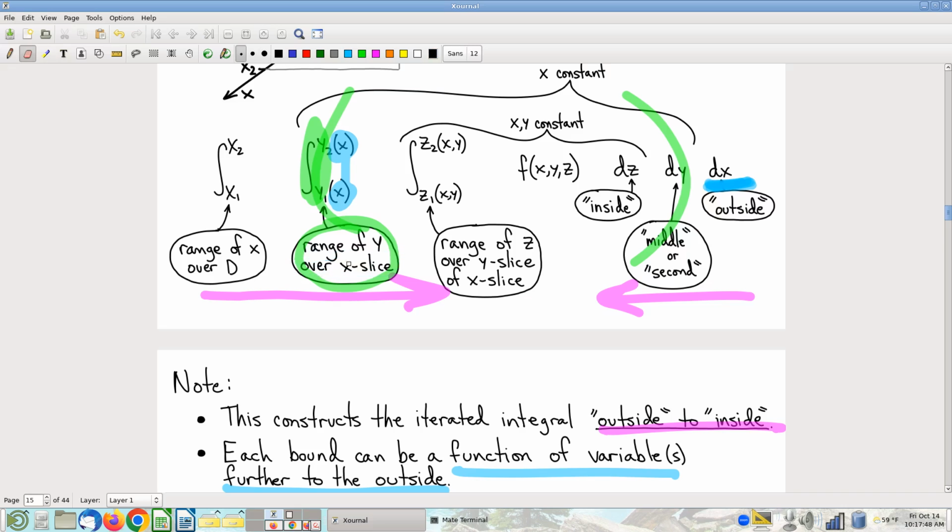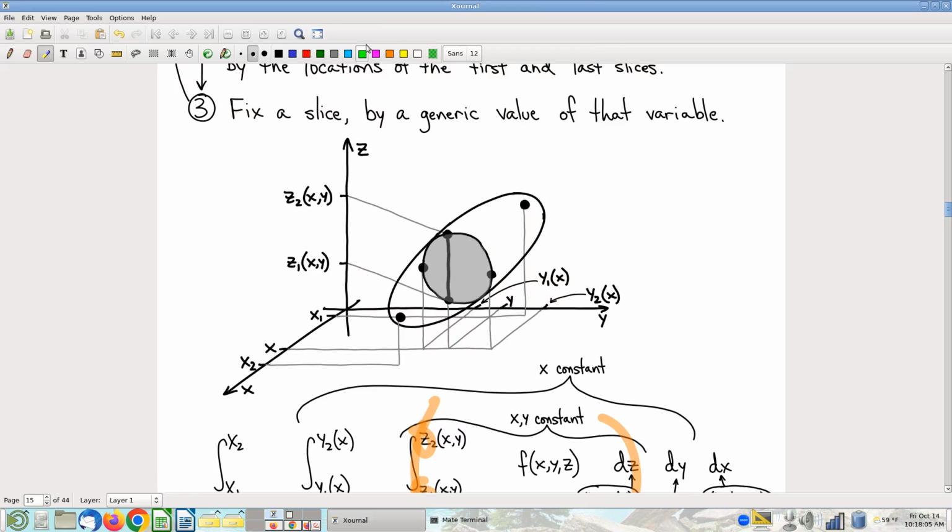And then likewise, same story for the z integrals. When we were looking at our z bounds, we went over the starting and ending values of z. Well, it depends on which slice you're looking at. Those z bounds are going to be different depending on whether you're looking above that point, or way over here above that point, or maybe over here above that point.